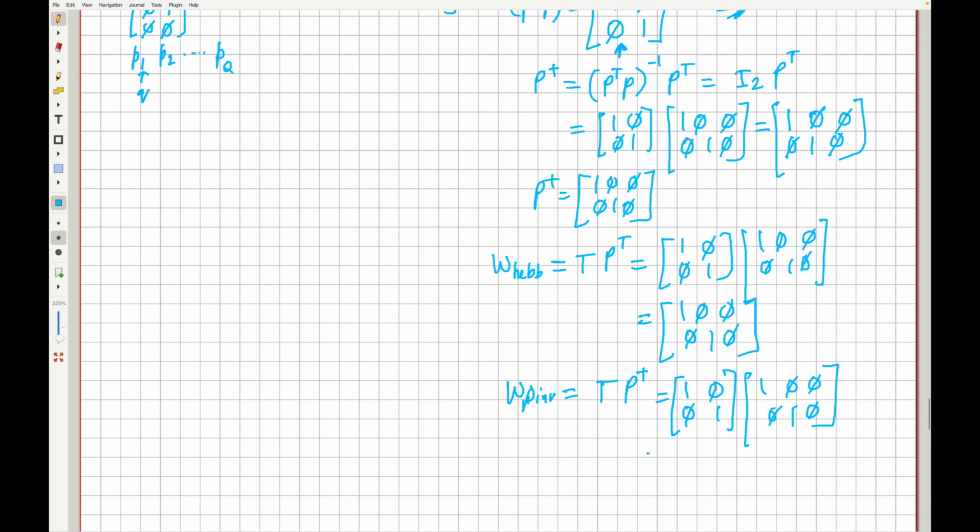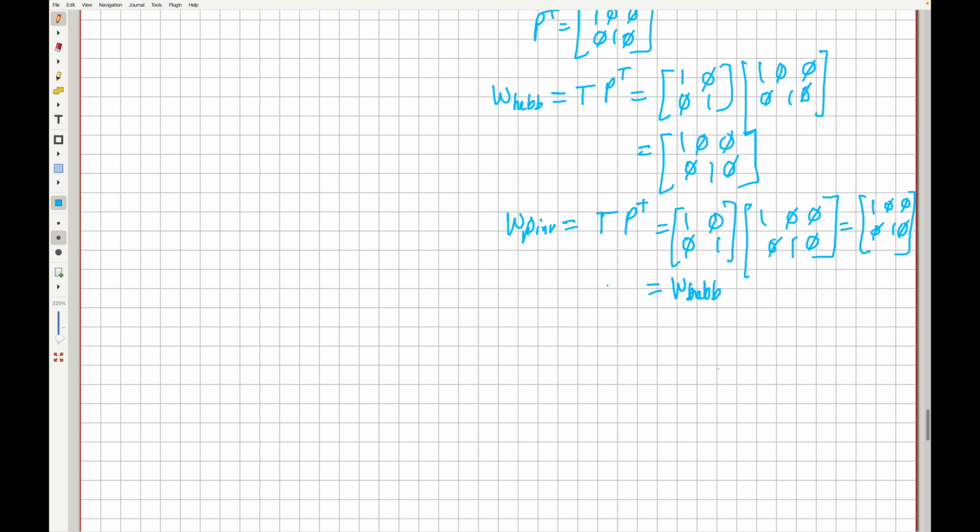If you look at the output of this, it'll be the same matrix that we just calculated above, and so we can say that this is equal to the weight matrix we get from Hebb. So that's the key point that we are able to relate these two.